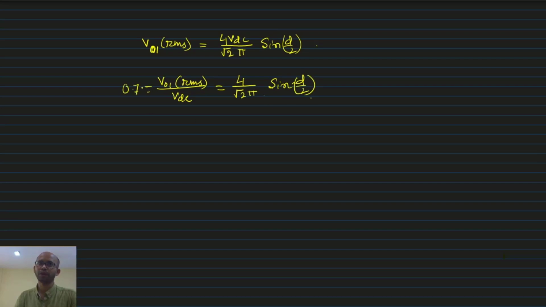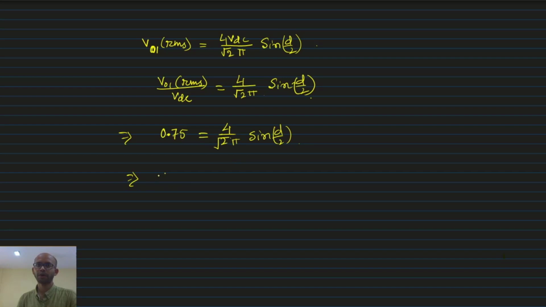This is 0.75. That is 75%. So 0.75 equals 4 by root 2 pi sine D by 2.